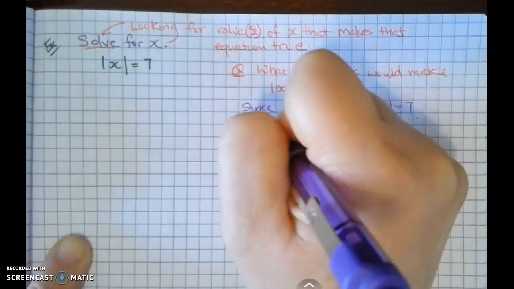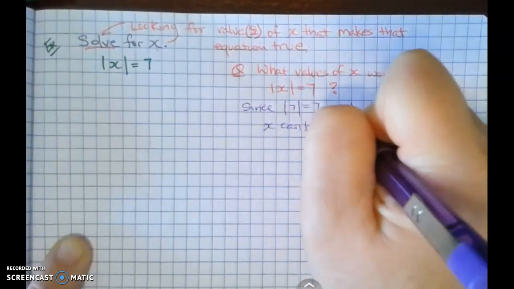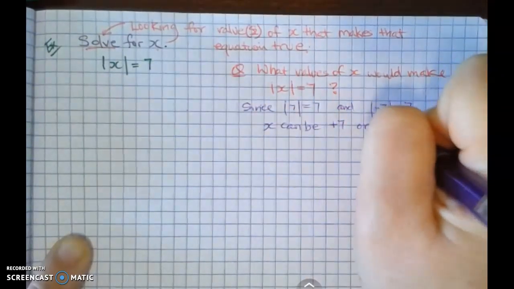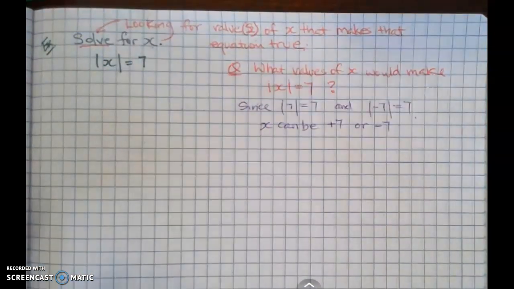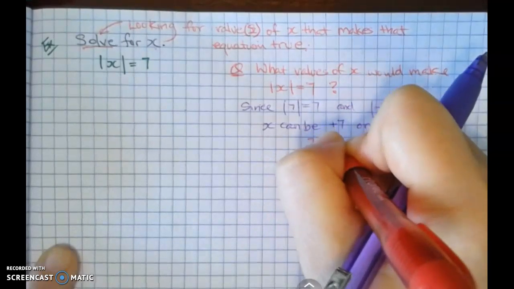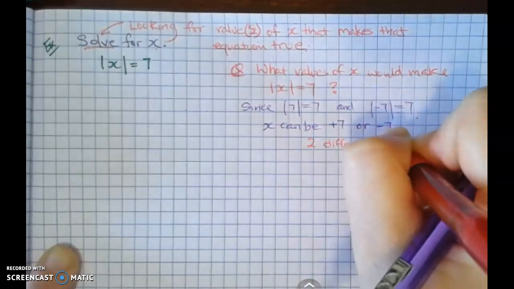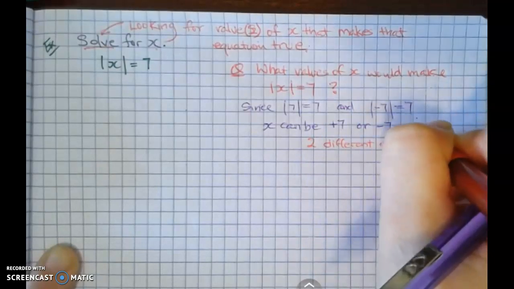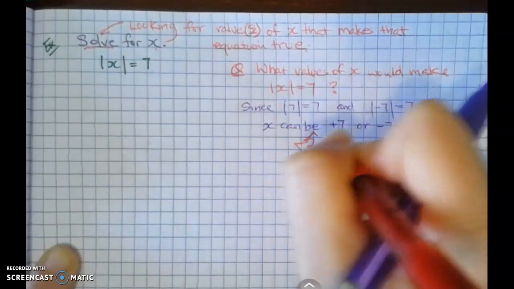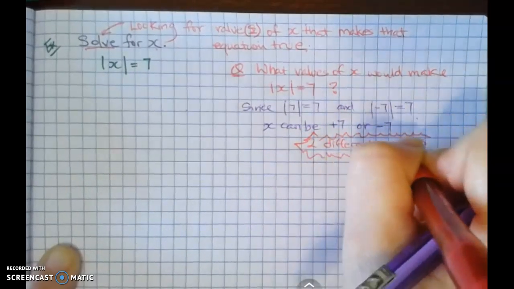So x can be positive 7 or negative 7. So we suddenly have two different answers or solutions.